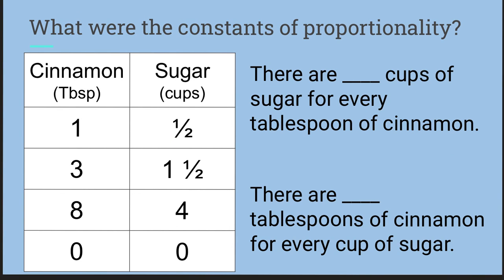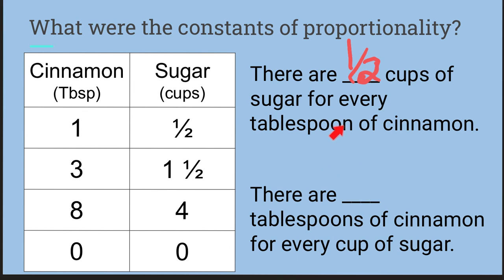All right, we're going to dive deeper into constants of proportionality. I think you heard me in class maybe call it a unit rate. When you divide 4 by 8 or 1/2 by 1, you are finding out how many cups of sugar it would take for 1 cinnamon.